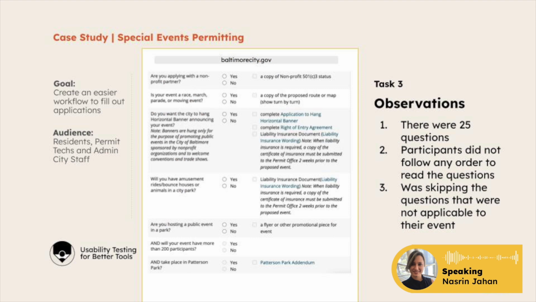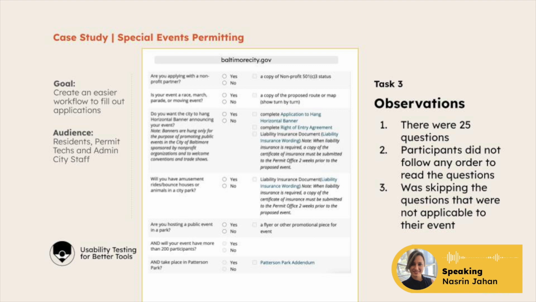We expected people would go question by question and check yes and no, and based on that they would download the rest of the form or the required documents associated with that point. But participants really didn't follow any pattern. They went back and forth, scrolling up and down, and also skipped the questions that didn't apply to them. For example, the first question: are you applying with a nonprofit partner?